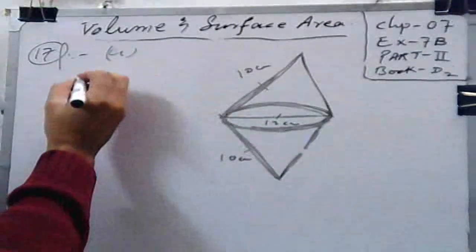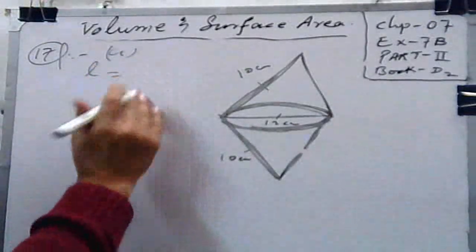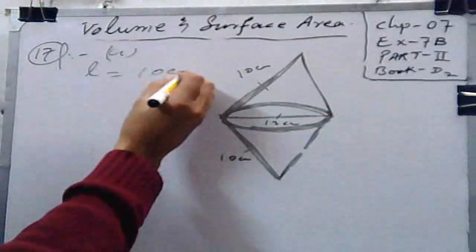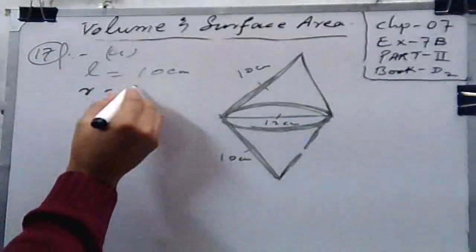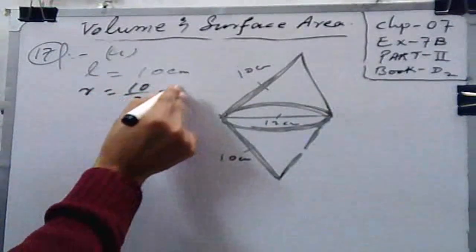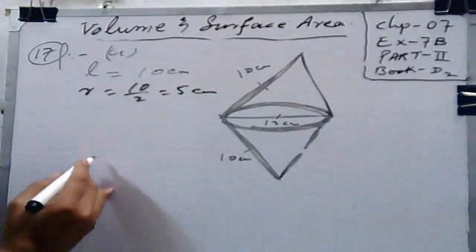So you can see from the given figure that L, the slant height, is 10 centimeter, and the radius is 10 divided by 2, so you will get 5 centimeter.